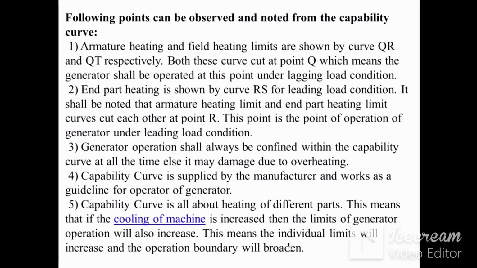Majorly here we have seen only the armature heating curve, field current heating curve, and the end ring heating curve. And finally we have summed up all the 5 points from the curve.